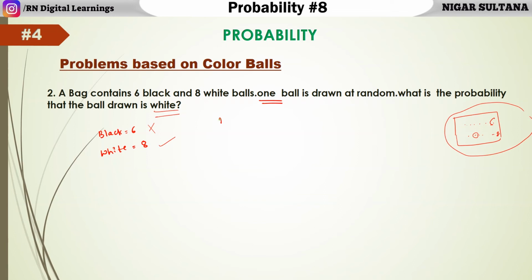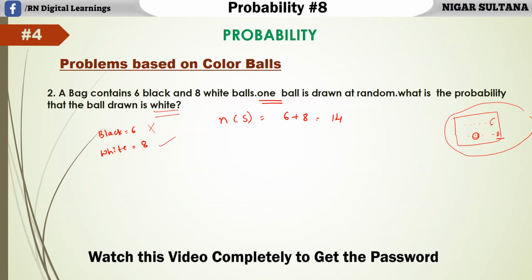Now, n of S. When I total this, 6 plus 8, this is my 14. 14 is my sample, because totally I have 14. Now, among this 14, I am taking only one ball, which is of type white. How will I write this? So what is the white here? How many number of white? This is my event, right? How will I write this?